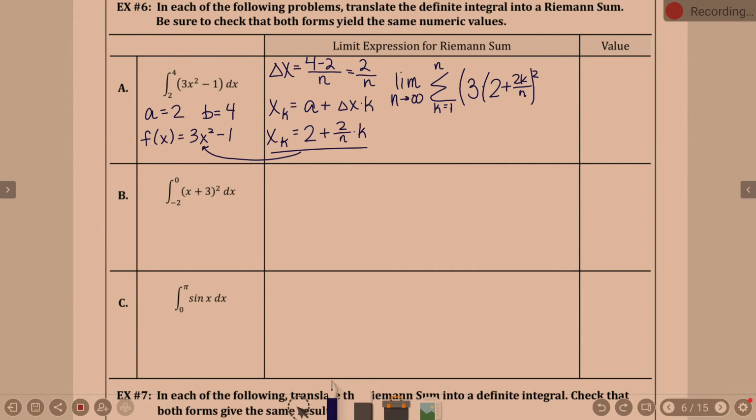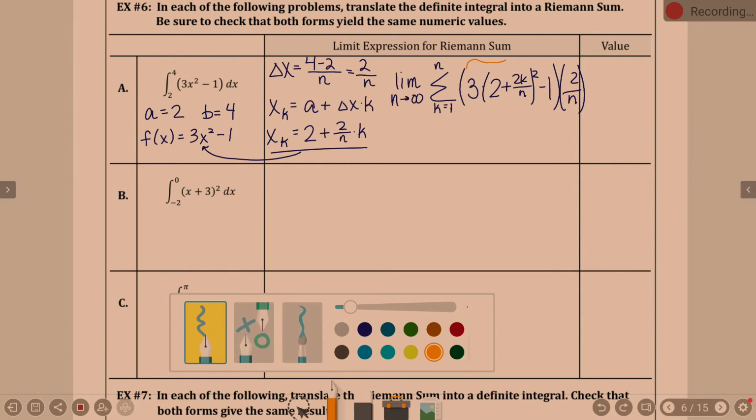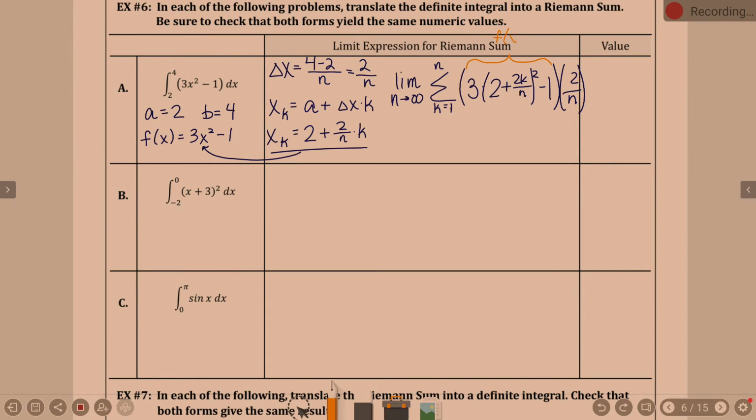Don't forget the minus 1 in those parentheses, times delta x, which is 2 over n. Are we okay with what I just did there? This is f of x sub k times delta x. And I have this one left as that ugly mess.